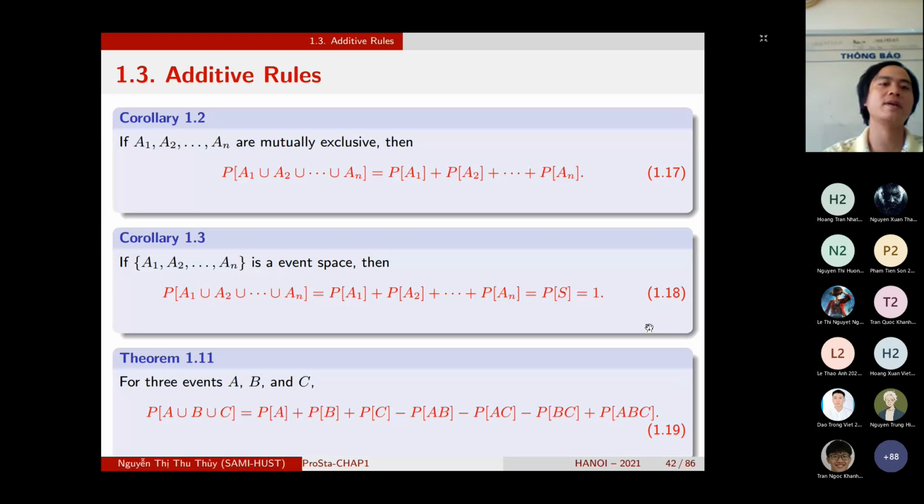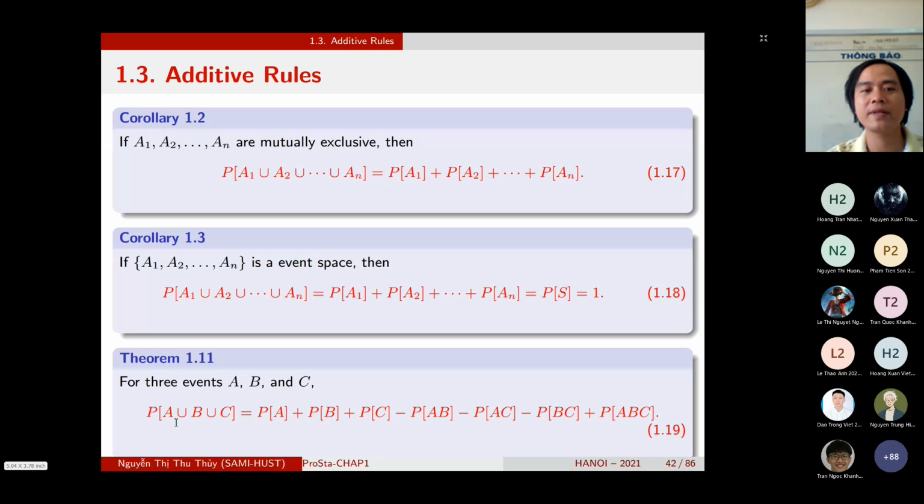And theorem 1.11 says that in the case of three events A, B, and C, we have the formula 1.19.